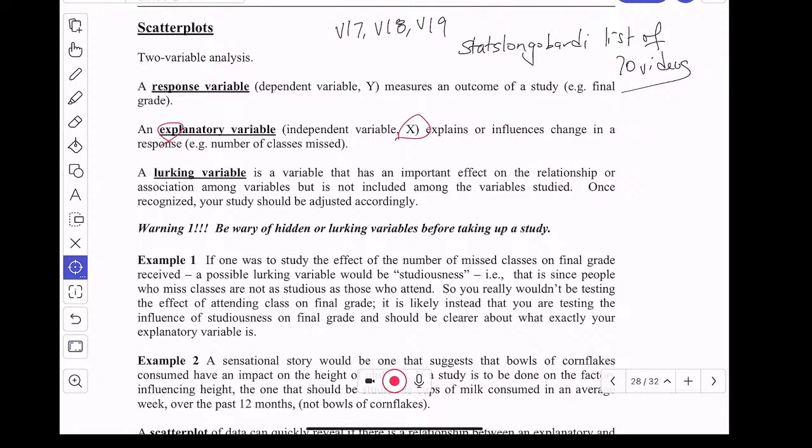It's just a predictor, and there's some other variable behind that you would call a lurking variable until you identify what is the cause of the student doing poorly. Could it be a variable such as studiousness, how much a student studies? That's not going to be easy to measure, identify, or capture, and so for that reason we call it a lurking variable.